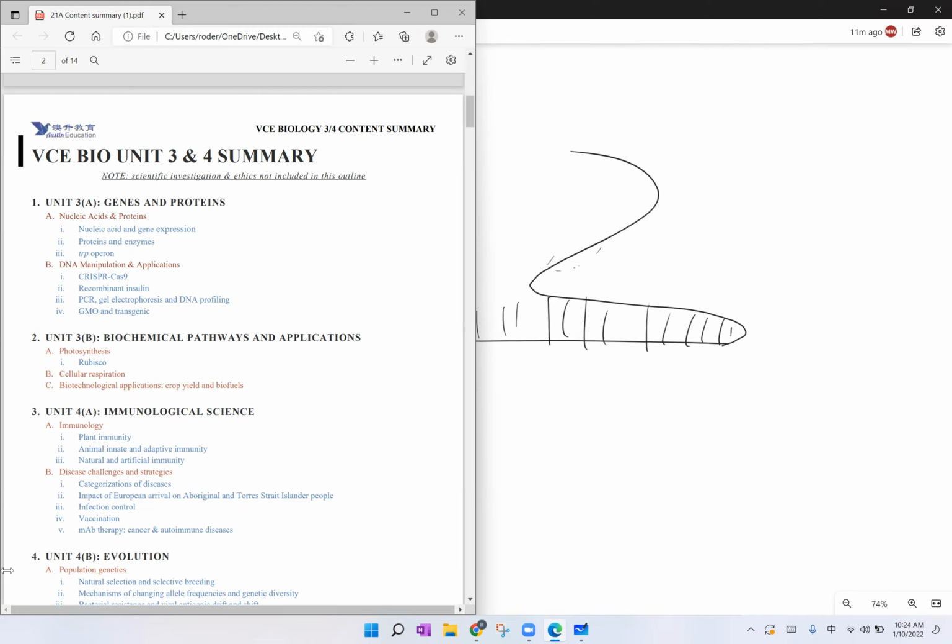Okay. What's the pigment that absorbs the energy from the light? Chlorophyll. Okay. Which structure within your chloroplast contains chlorophyll? Do you guys know there are different structures in your chloroplast? There is thylakoid, grana, and stroma.